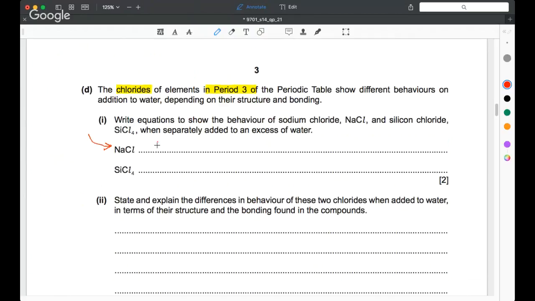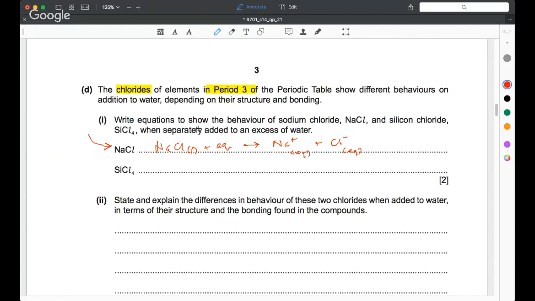So very simply, you've got sodium chloride, that's solid, and you've got an excess of water. I'm just going to put aq to represent an excess of water, and I'm going to get the sodium ions, and they're hydrated, so I put aq there as the state symbol, and Cl- ions, again hydrated, so I put the state symbol there. All that's happening in this first step is that an ionic compound is dissolving in water.